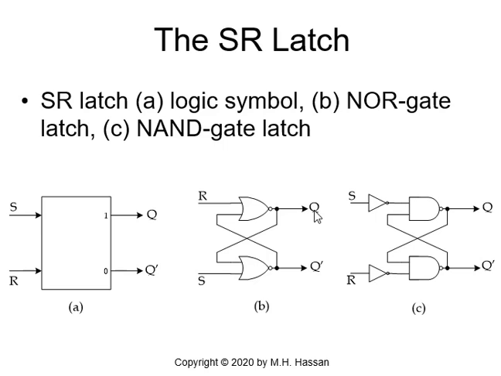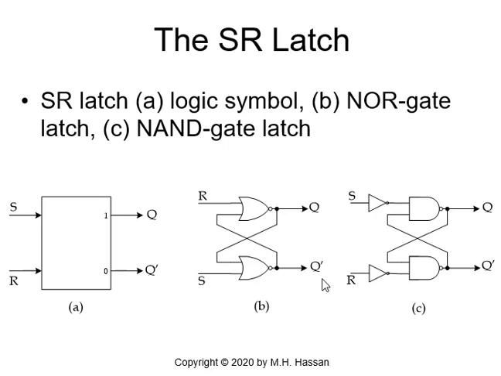Now the lower NOR gate, since this is 0, 0 NOR 0, because S is 0, the output Q prime, which will become Q prime plus, is 1 because 0 NOR 0 is 1. So Q changed from 1 to 0, while Q prime changed from 0 to 1.